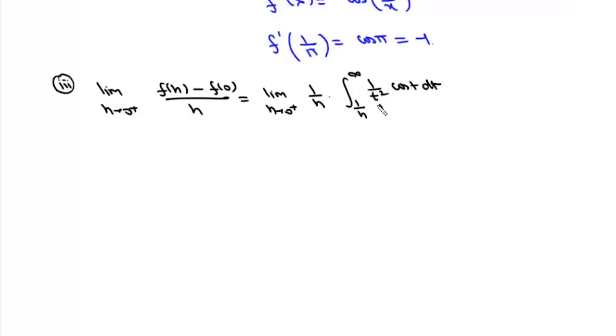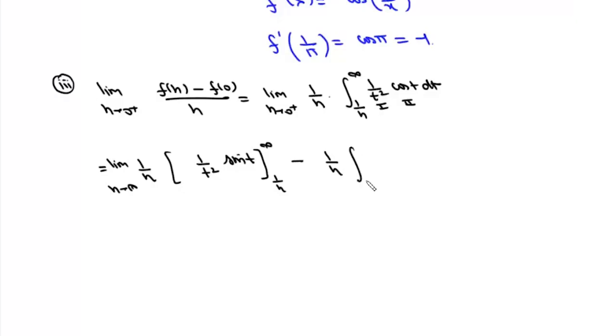Now we'll solve this question using integration by parts. So this is the first function and this is your second function. Now we can write this as 1 upon h, and here it will be 1 upon t square sin t, from 1 by h to infinity, limit h tends to 0, and minus, here will be 1 upon h times the integral from 1 upon h to infinity of minus 2 upon t cube, and here will be sin t dt.